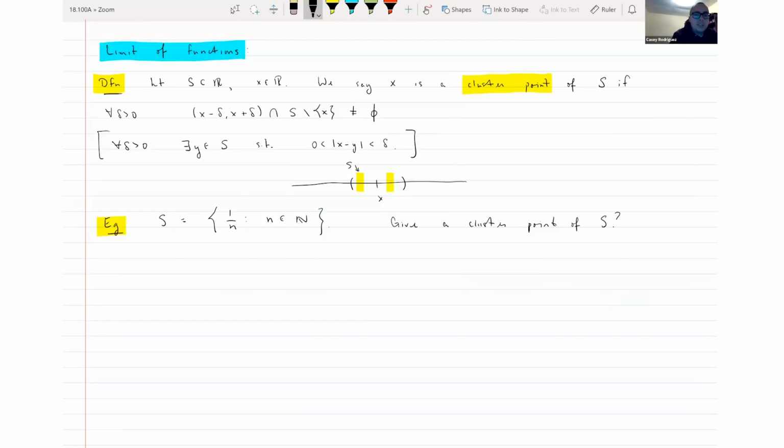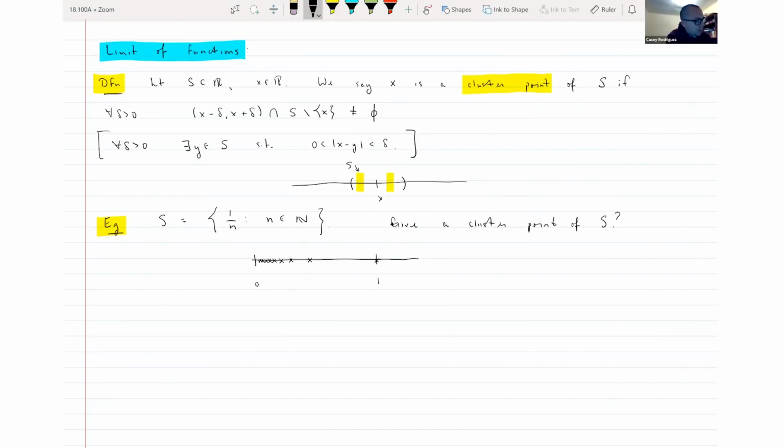Or just take a guess. 1, so that's one possibility. There has to be a lot of S near this proposed cluster point. So let me mark out the points that we have. Put 0, and then a half is there, and then a third, fourth, fifth, sixth, and so on. And I see a guess of 0, so that's a good guess as well.